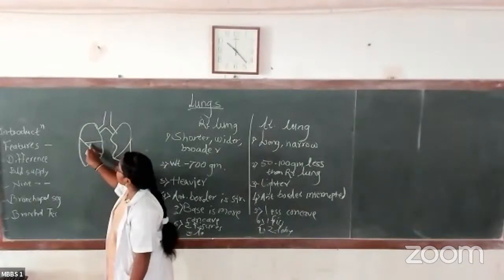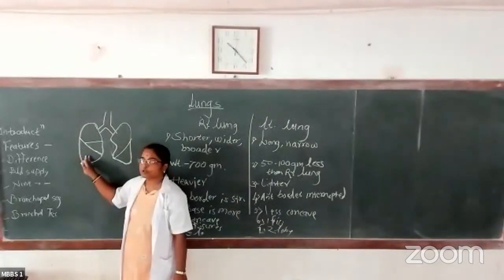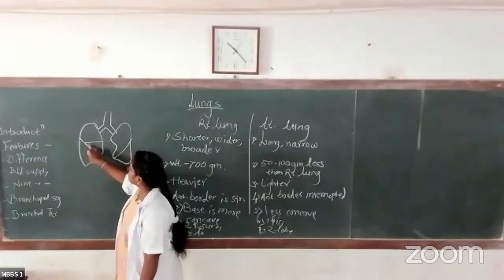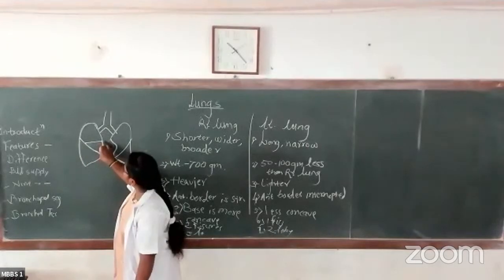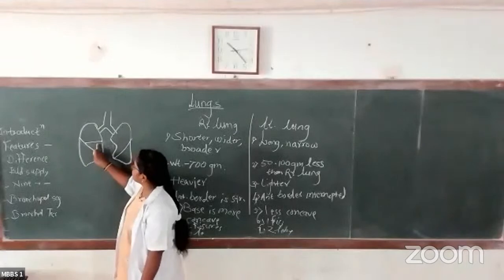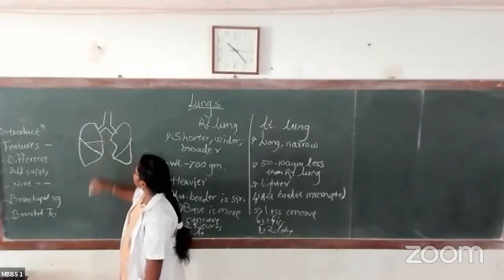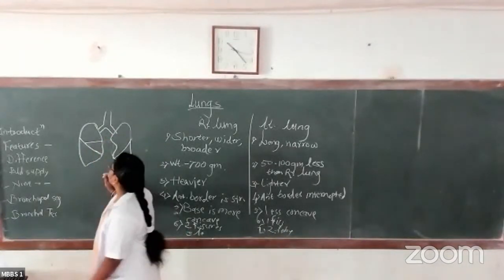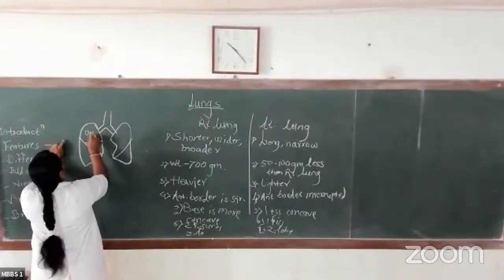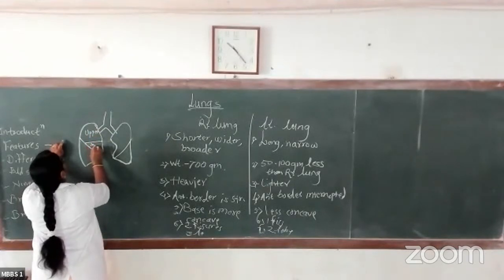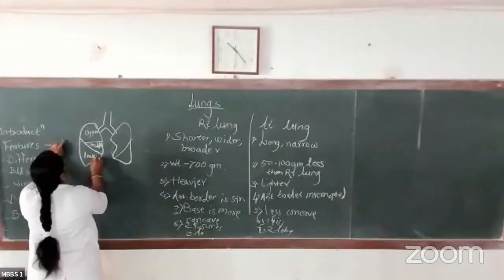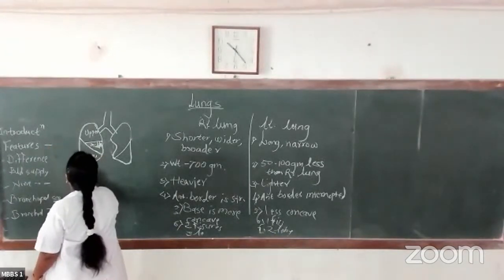So it runs at the level of fourth costal cartilage, dividing the right lung into, this is the upper lobe, this is the middle lobe and this is the lower lobe of the right lung.